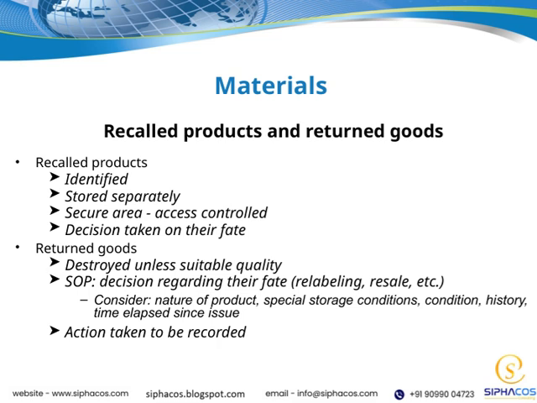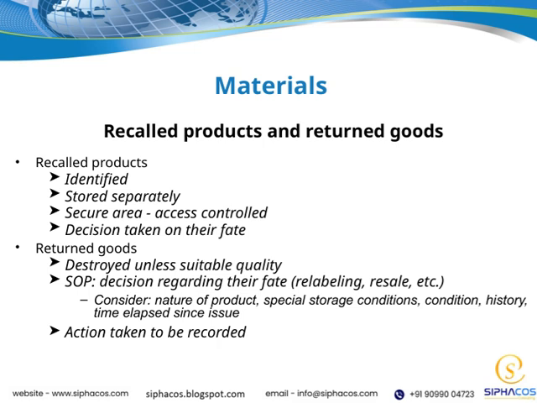When making these decisions, we need to consider several factors: the nature of the product, any special storage requirements, its condition, its history, and how much time has passed since the issue. Finally, it's crucial that all actions taken regarding these materials are properly recorded. This documentation ensures traceability and accountability throughout the process, which is key to maintaining quality and safety standards in our operations.